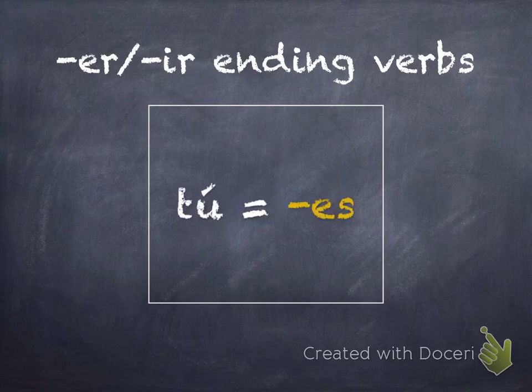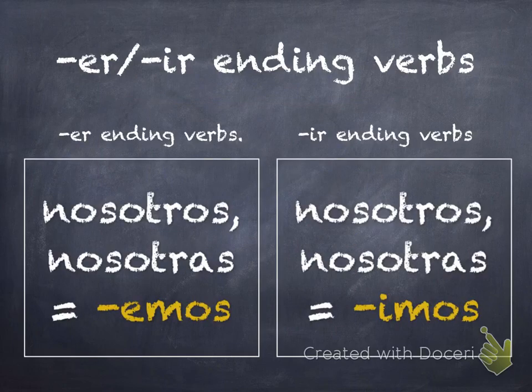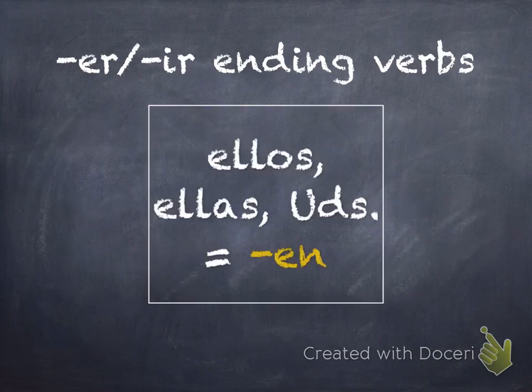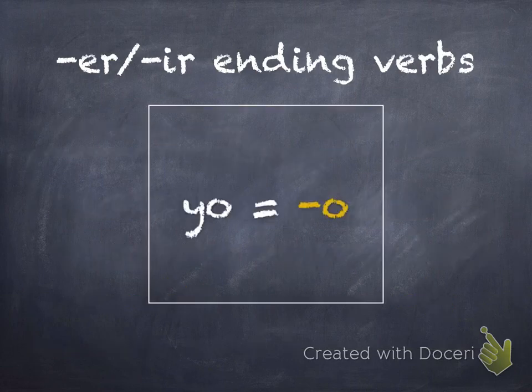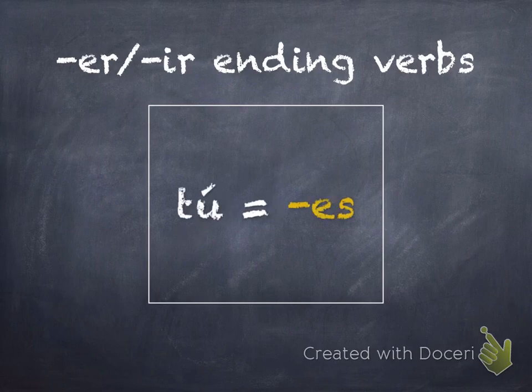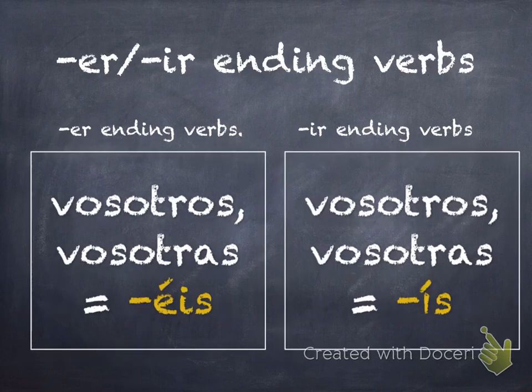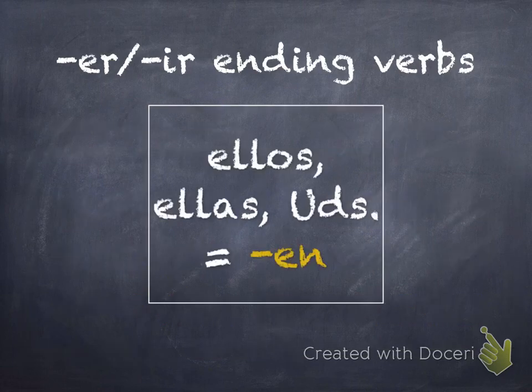O, es, e, emos, imos, éis, ís, en. So now this time you say them with me. O, es, e, emos, imos, éis, ís, and en.